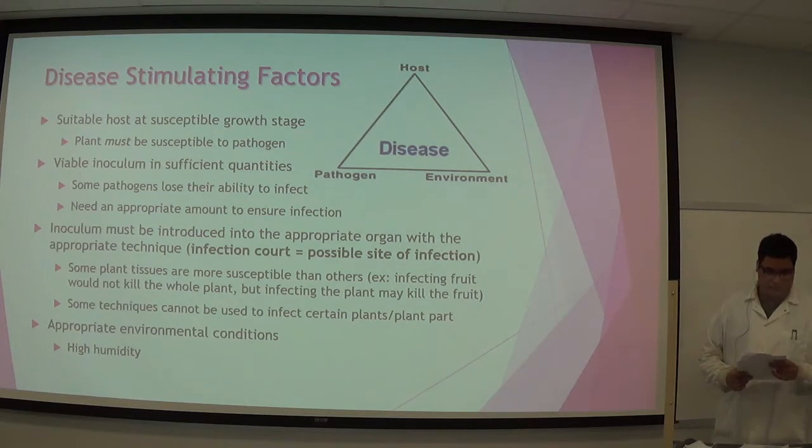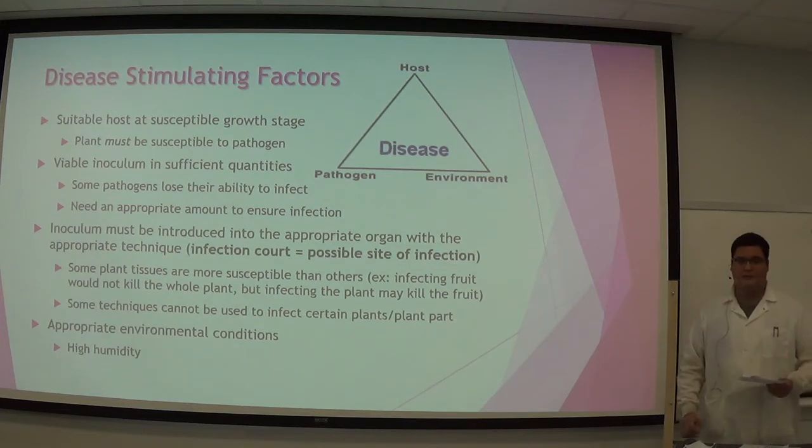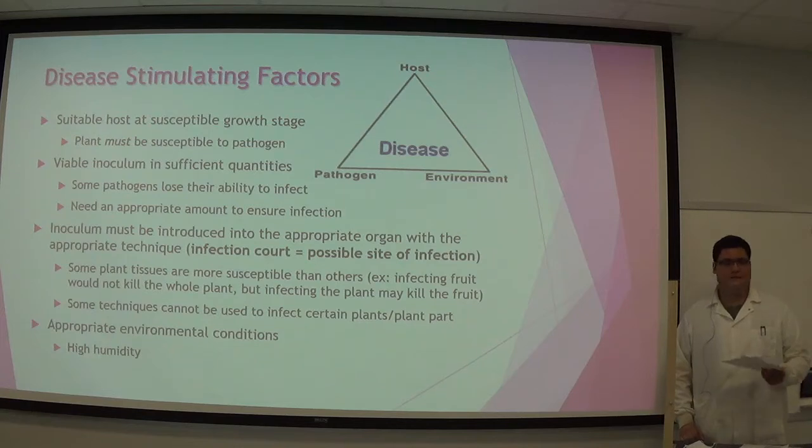Let's see what else. The site of infection is important as well. We call this the infection port. So remember, last week we were working with nematodes. Nematodes don't really chew up the leaves of a plant, and even if a plant has its leaves on the ground, that's because nematodes are specifically attracted to the roots of plants.